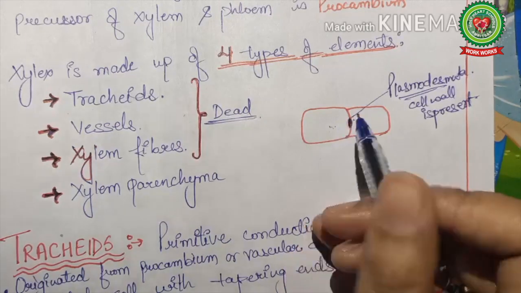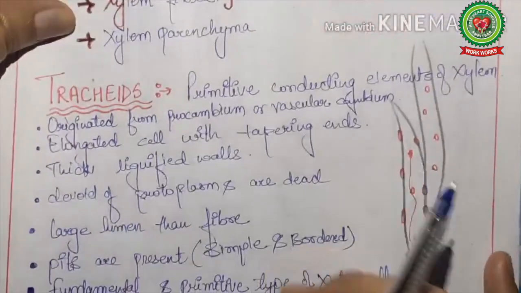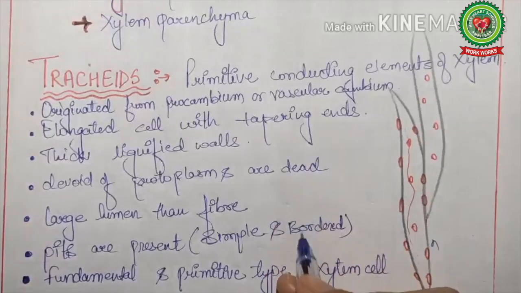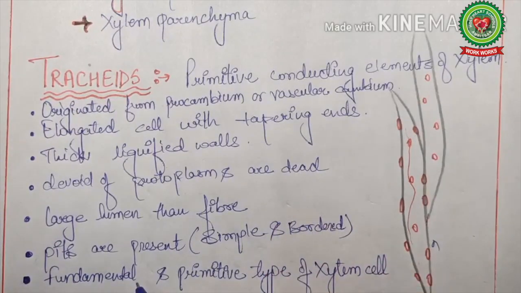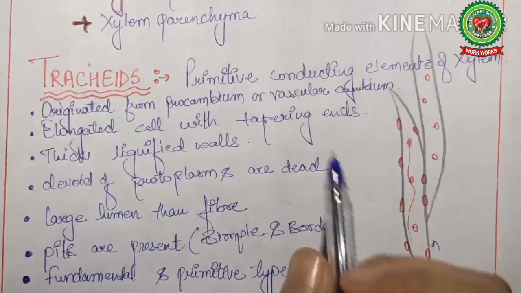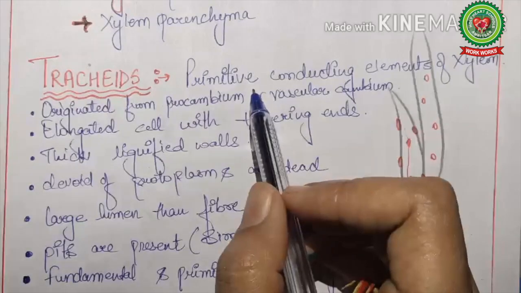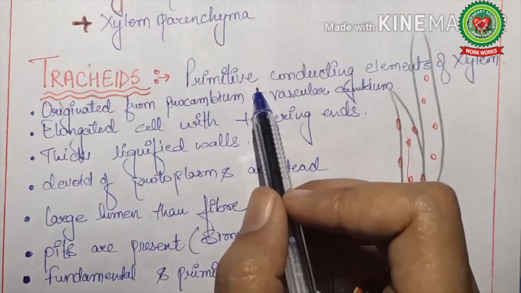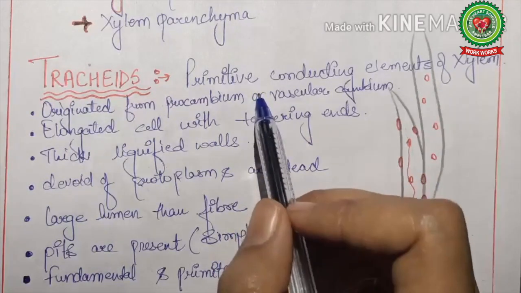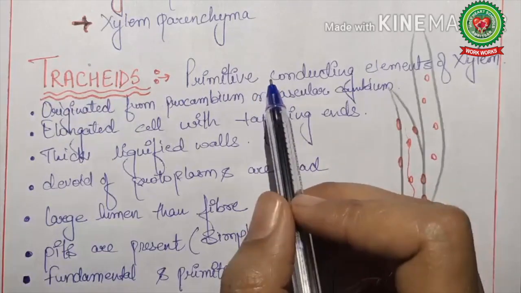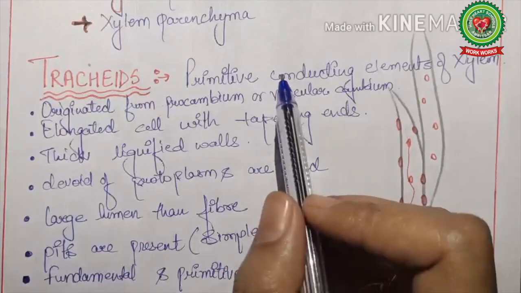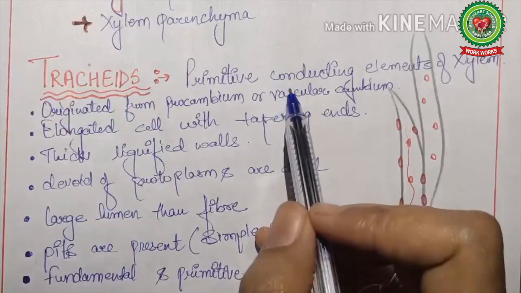Now, in case of tracheids, both simple as well as bordered pits are present. These are the fundamental kind of cells and are the primitive type of xylem cells. Primitive type means these are the first xylem elements that appear. Now, the question arises, which plant group developed vascular bundles first? The answer is pteridophytes.